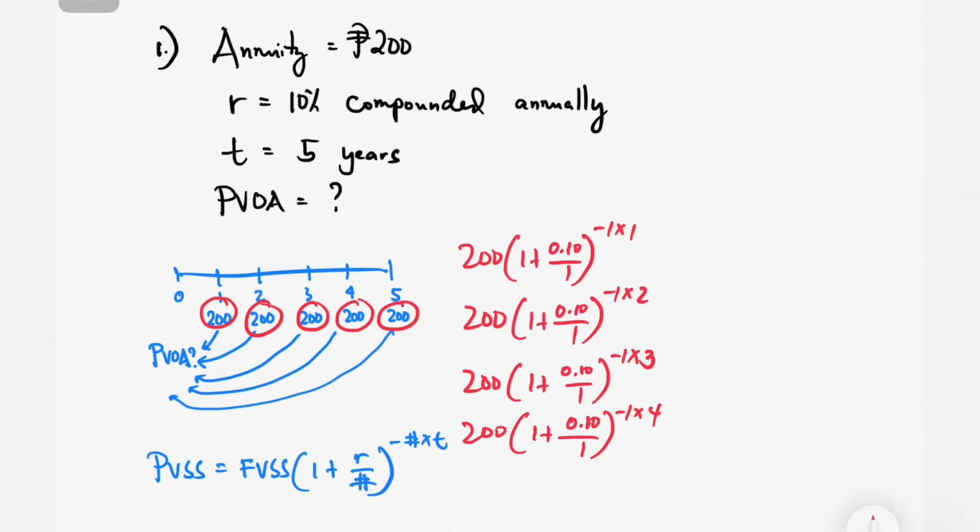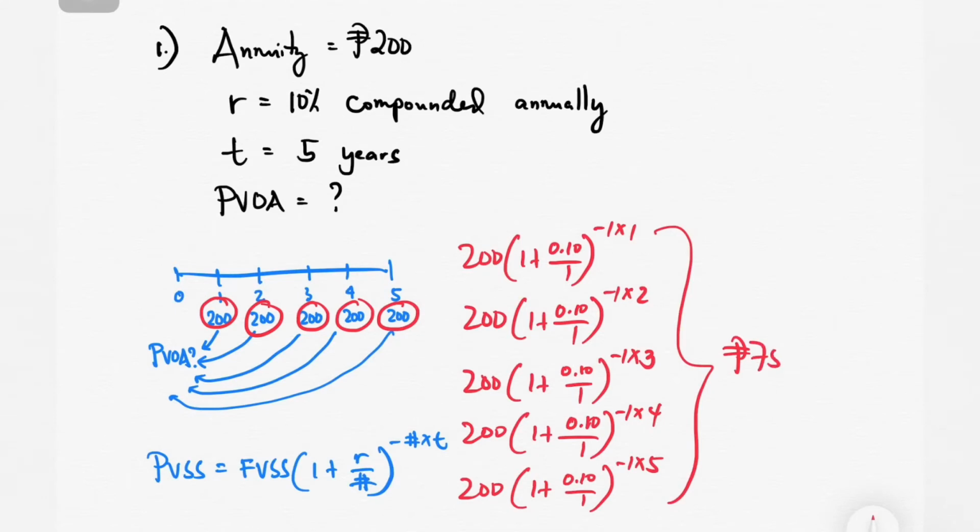And lastly, what we will do now is get the sum of these 5. So if you add these 5, you will get 758.16. Now let's try solving this one using a formula.